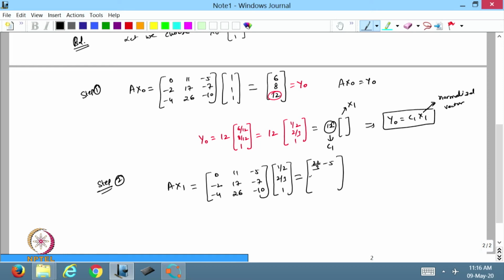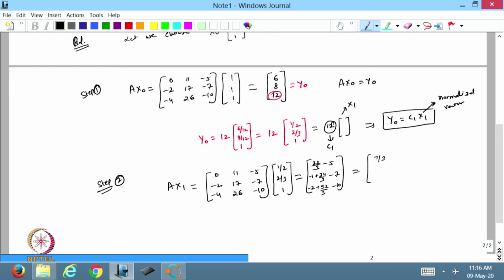So, it is minus 1 because half will cancel out with 2, minus 1 plus 34 by 3 minus 7 and in the end I will get minus 2 plus 26. So, it is 52 by 3 minus 10. So, if you choose this one, now from here I can find this. So, it is 15. So, 22 minus 15 is 7. So, it will be 7 by 3.